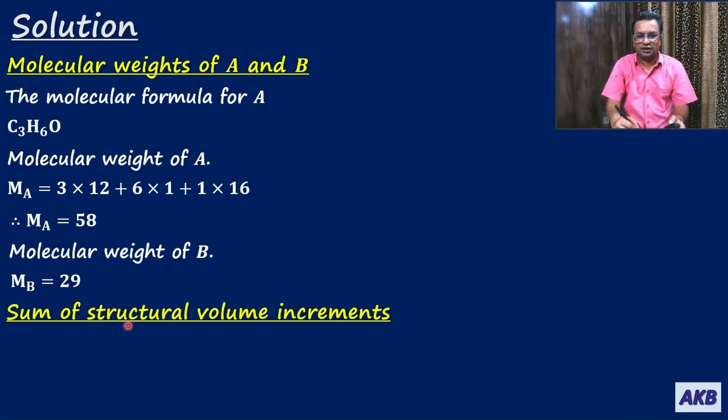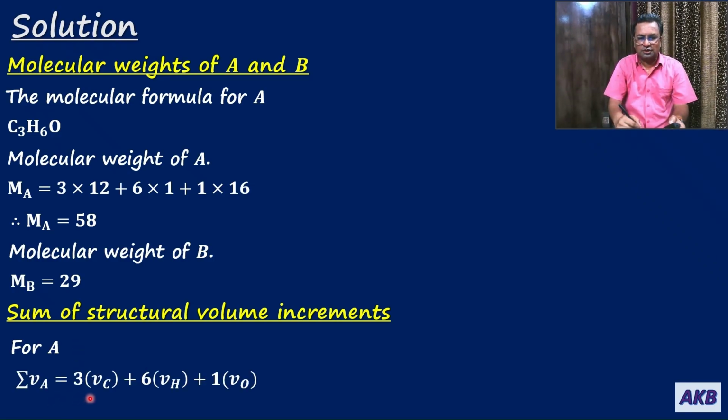Then let us find out the sum of structural volume increments for acetone. So for A, in acetone there are 3 carbon atoms, 6 hydrogen atoms and 1 oxygen atom. So the sum of structural volumes will be 3 into atomic volume for carbon, because there are 3 carbon atoms, plus 6 into atomic volume of hydrogen, there are 6 atoms of hydrogen, and plus 1 into atomic volume for oxygen, there is 1 atom of oxygen.